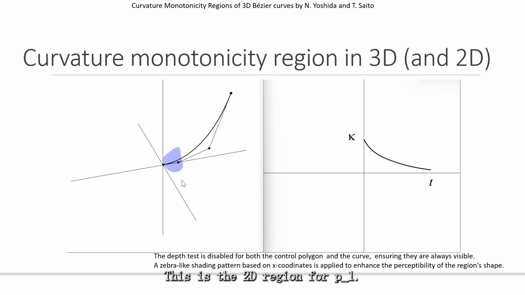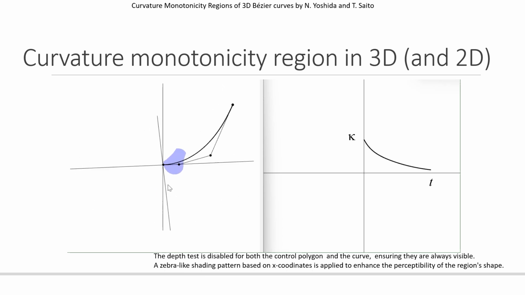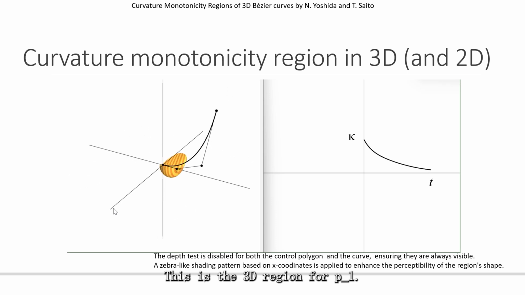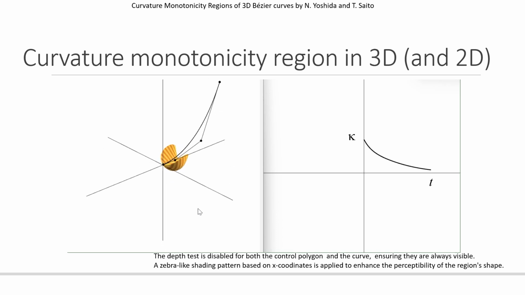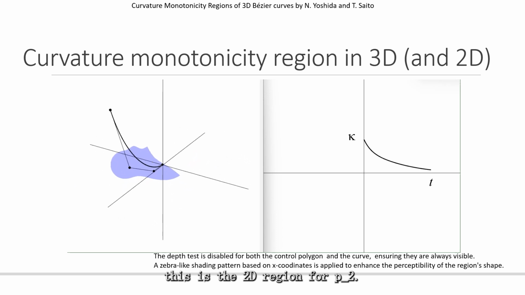This is the 2D region for P1. This is the 3D region for P1. This is the 2D region for P2.